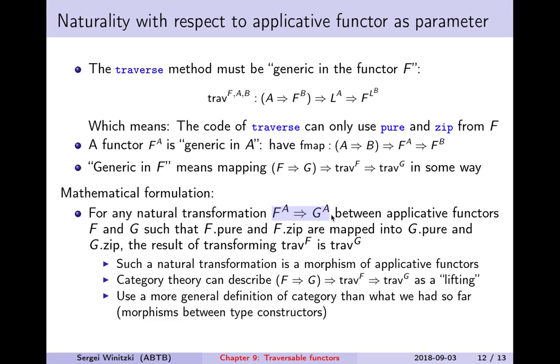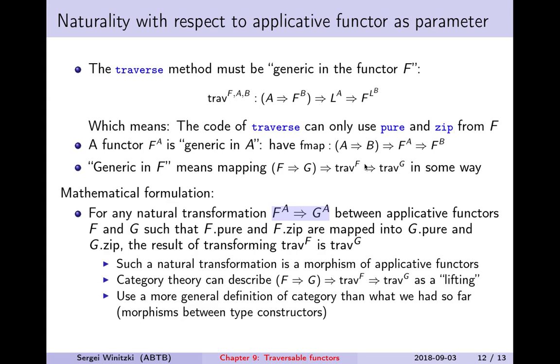And then we demand that it also should map the traverse of f into traverse of g. So all we do is we just say, we have a traverse with respect to f, let's apply it and then map f to g in the result.